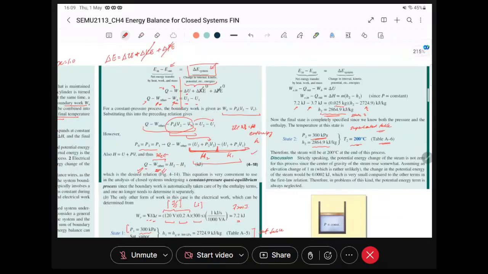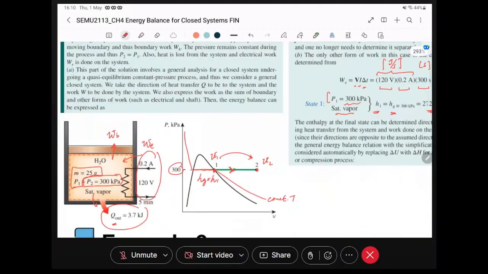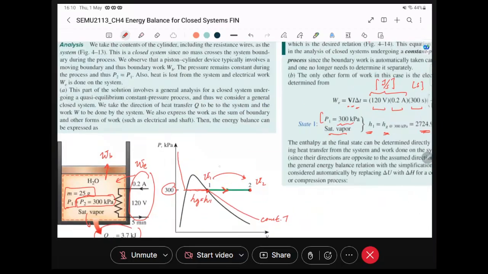Please go find the superheated table and then try to read this temperature based on this pressure and this enthalpy. What it says is it will go to another temperature, that's for sure, because this is another temperature line. This is T1.